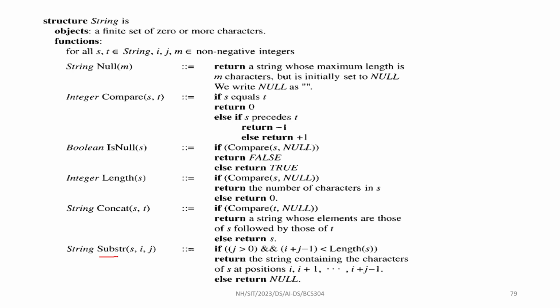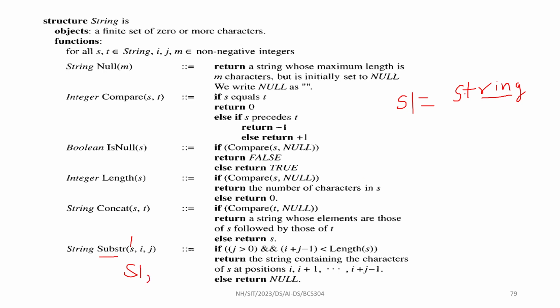Then the substring operation. From this string, pick j number of characters starting from I. I will take one example. My input string is S1. I'm going to extract a substring from it. So the substring S value is S1.